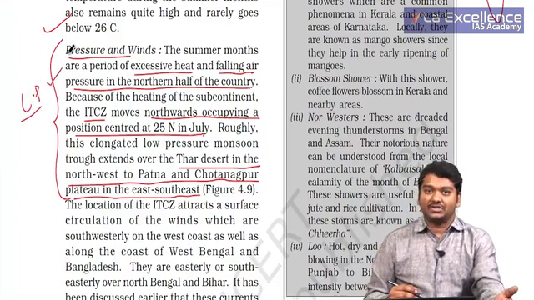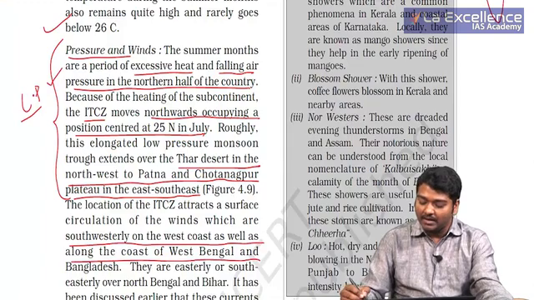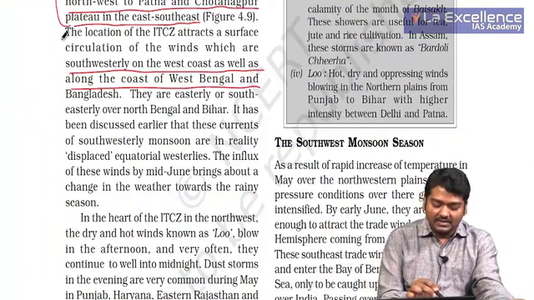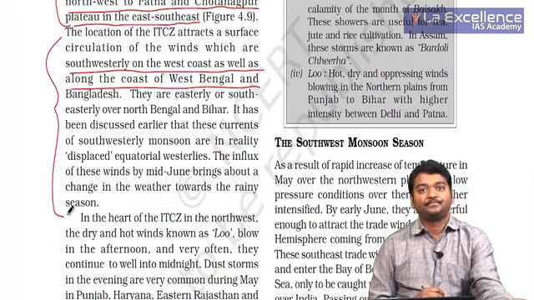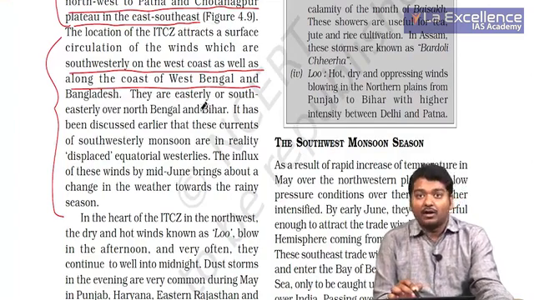Once low pressure is developed, southwesterly winds on the west coast as well as along the coast of West Bengal and Bangladesh usually give rainfall. Correct? This is what you try to see. So, they are easterly or southeasterly over North Bengal and Bihar.